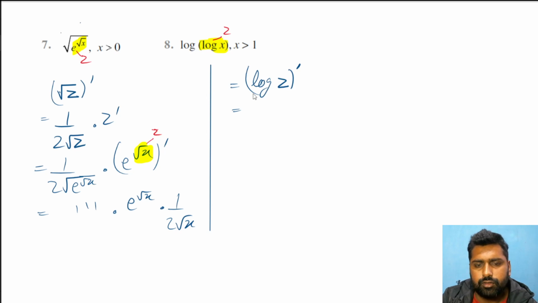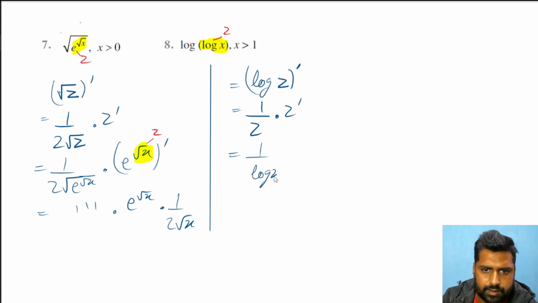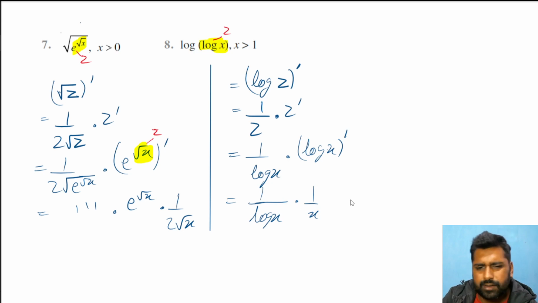So what is the differentiation of log z? 1 by z into z dash. That means 1 by log x into differentiation of log x. So basically 1 by log x into 1 by x, or 1 by x log x if you want.